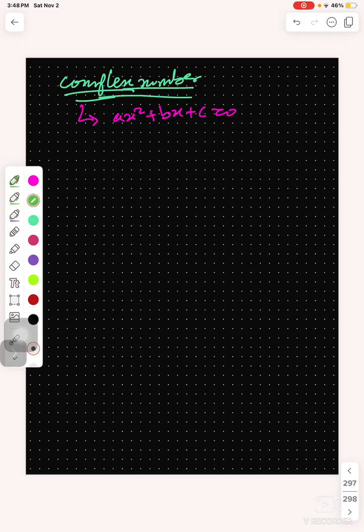We know that if we make a graph of a quadratic equation like this, the x-axis is the point where the graph intersects, right?